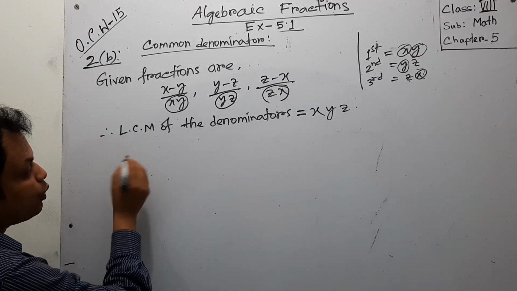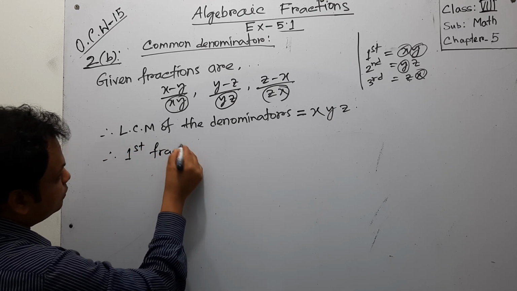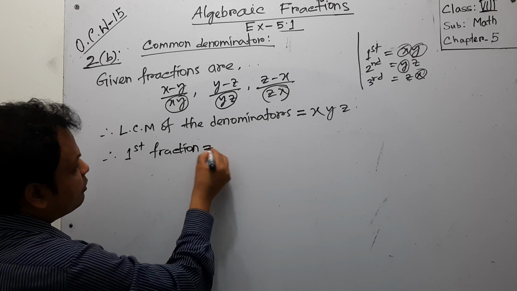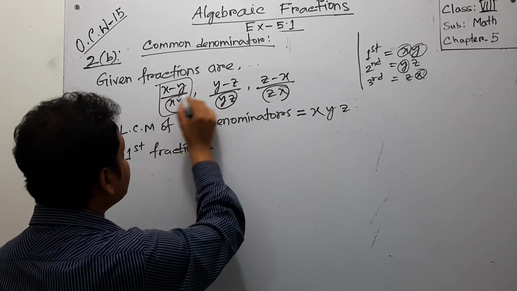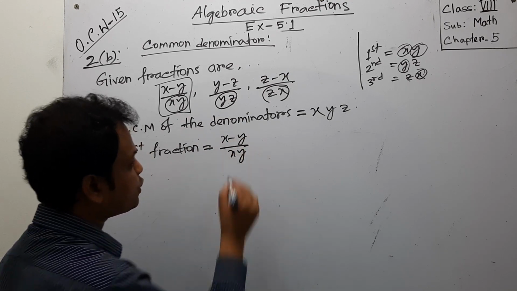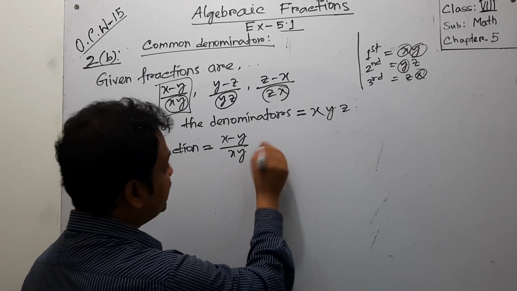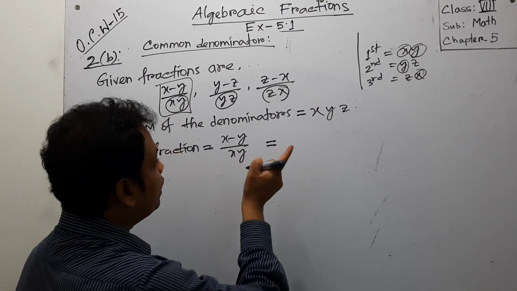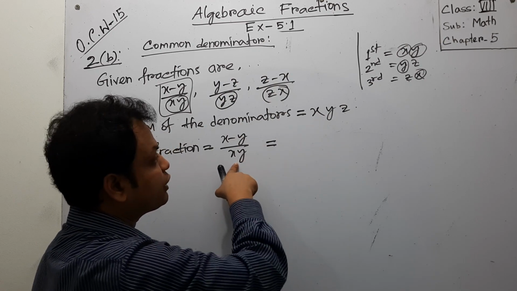Now we'll write the first fraction. The first fraction equals x minus y divided by xy. In the next line, we will divide the LCM xyz by the denominator xy.